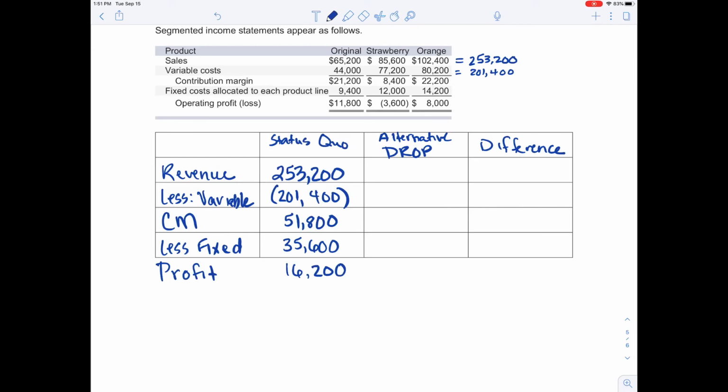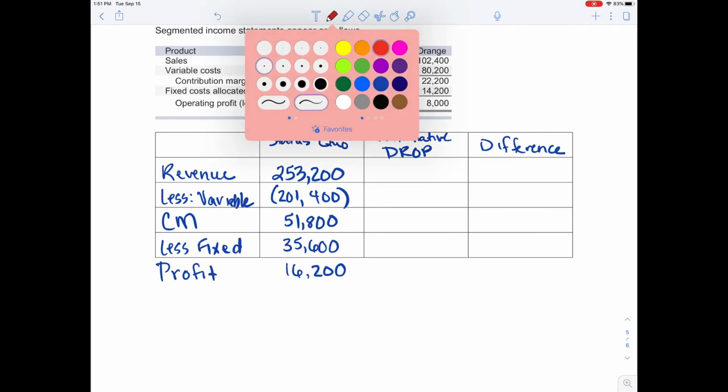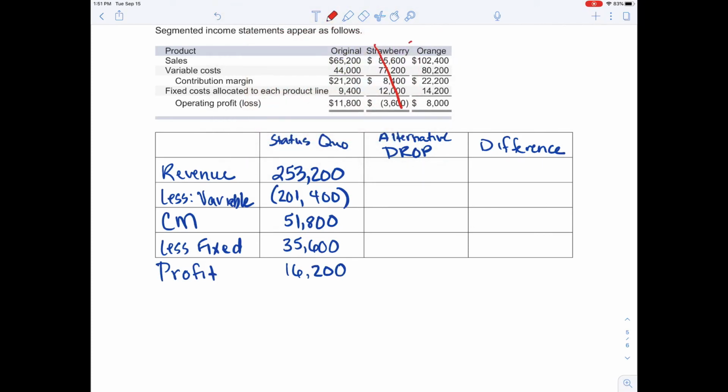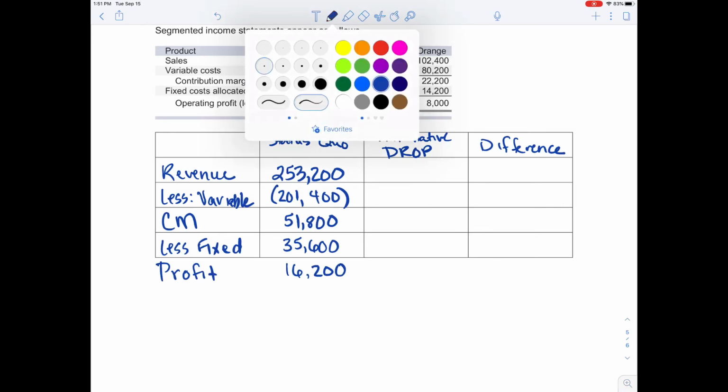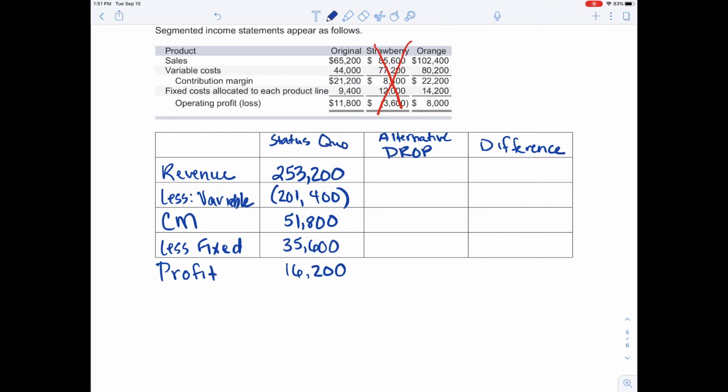profit. So what's going to happen if I choose to get rid of this whole strawberry division? What is that going to happen to my overall numbers? So here again, I'm just going to add across and see what happens.